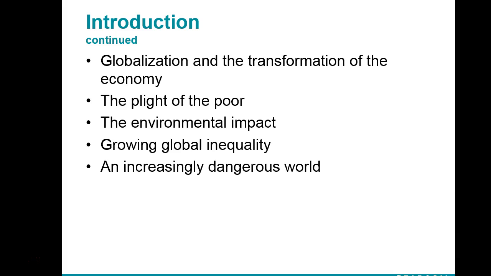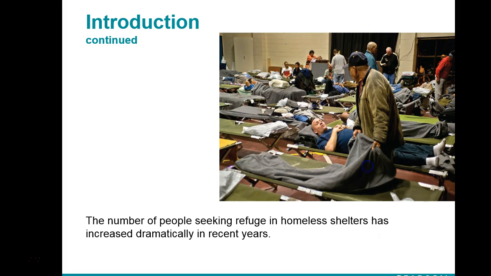An increasingly dangerous world. A higher world population has an impact on poverty, hunger, water shortages, disease, and political chaos. With the increased population in the United States and across the globe, we will see changes to problems.